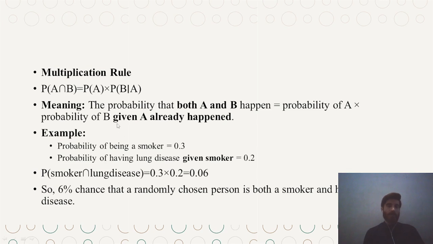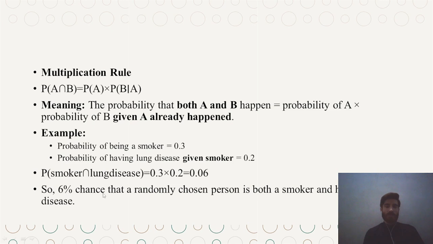Now the multiplication rule, this rule shows us that both events happen simultaneously. So the probability of A multiplied by probability of B. If we have smokers, the probability of 0.3, and if probability of having lung disease given smoker is equal to 0.2, then if we multiply these, it will give us the result that the patient is a smoker and also has a lung disease.